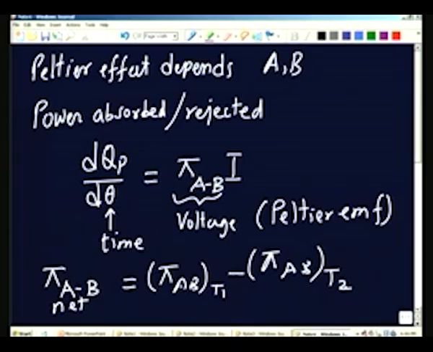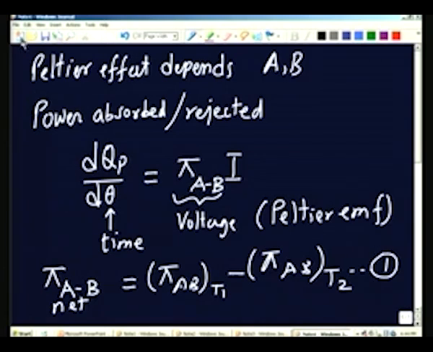Whichever is positive, whichever is negative, that automatically will take care of the signs. So, the net Peltier EMF involved in this process of absorption and rejection of heat is given by the simple formula, which I will label as 1.